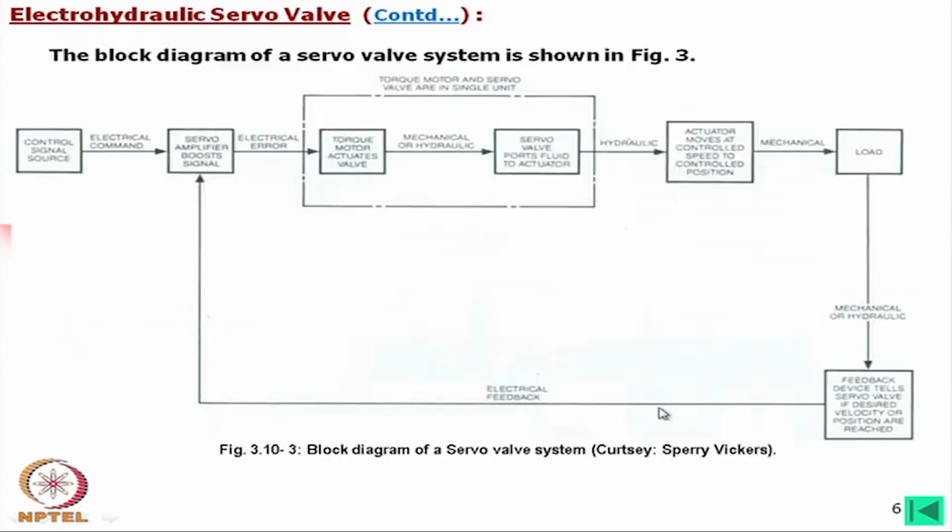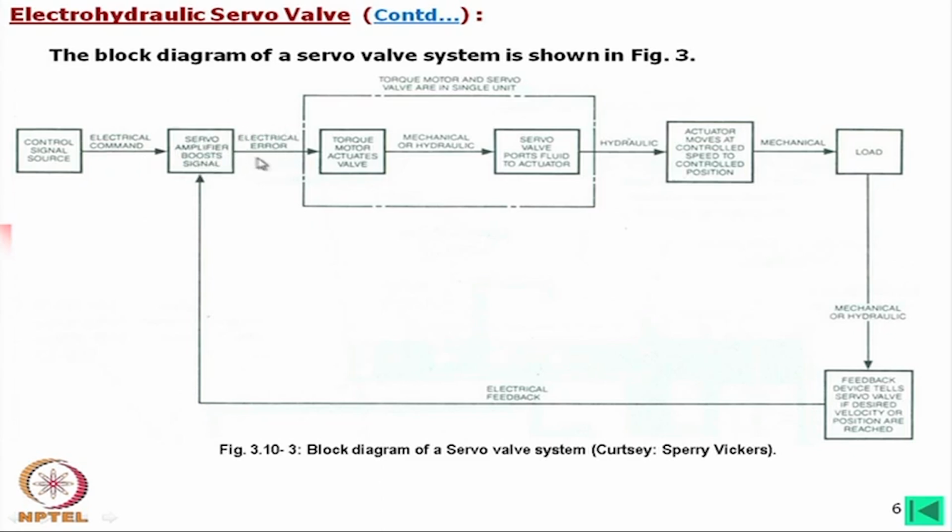Now, if we divide the total function of this valve in a discrete manner, then we can develop a block diagram for the operation of such a valve. The control signal source, along with the electrical command, is given to the servo amplifier boost signal.